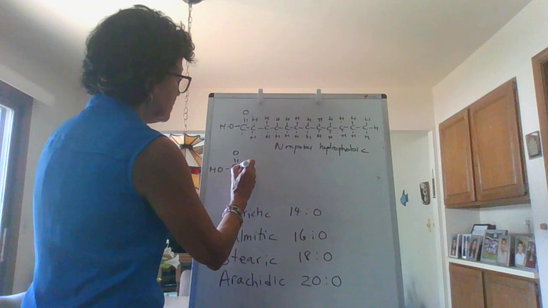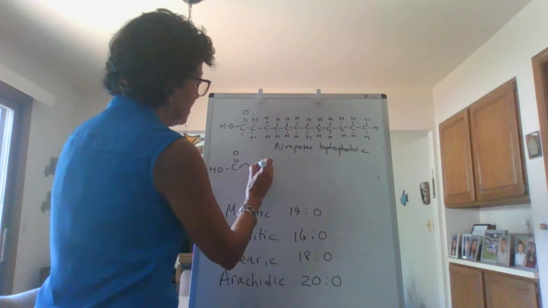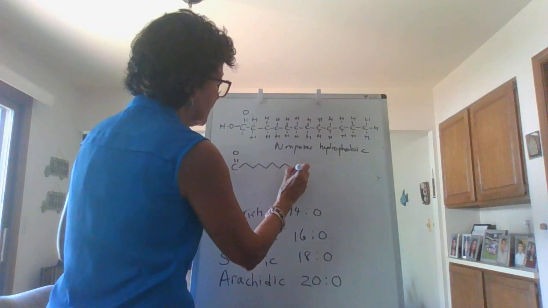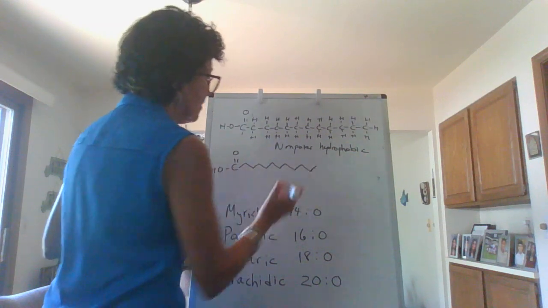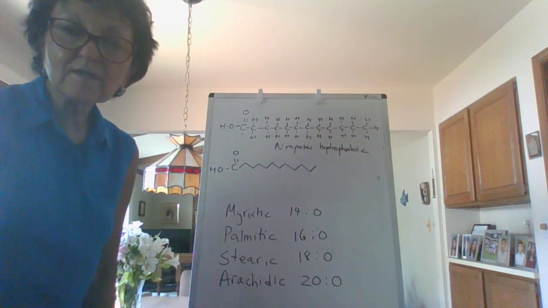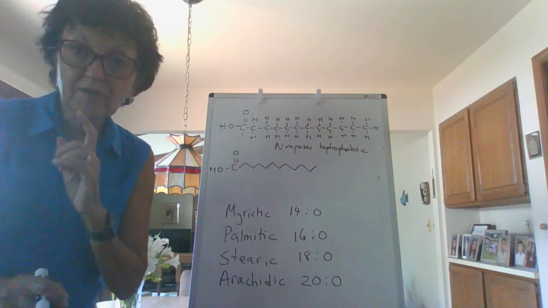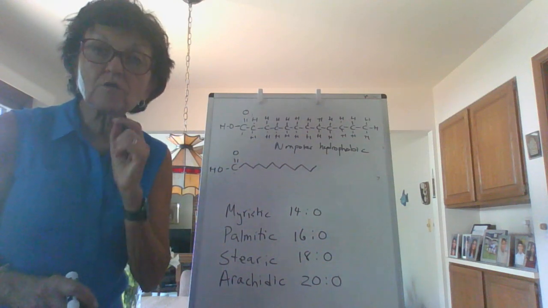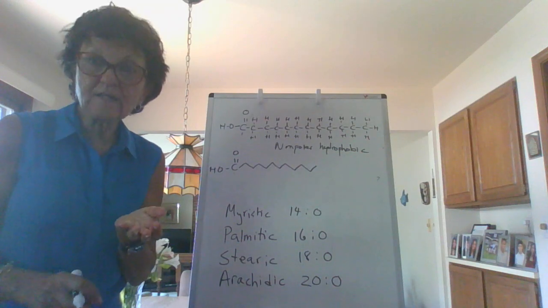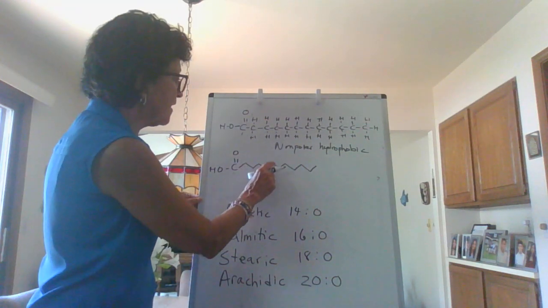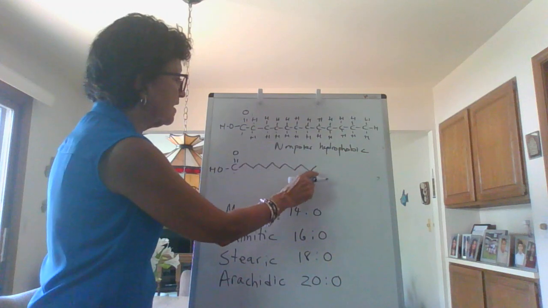Same thing. So here's carbon 1, 2, 3, 4, 5, 6, 7, 8, 9, 10, 11, 12. So there's lauric acid. So when I have a structure for you guys, you're going to have to count all the carbons so you know which fatty acid we're talking about.